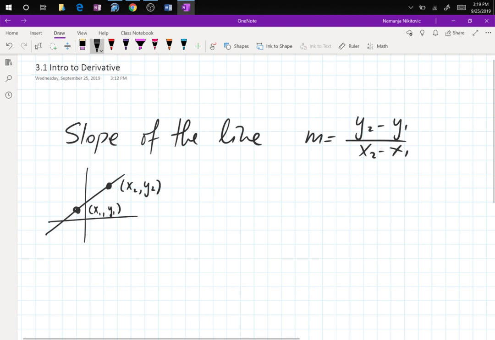Once you have calculated the slope, you can also calculate the equation of the line by using y equals mx plus b, or y minus y1 is equal to m times x minus x1, right? You can use either one of these two formulas to calculate the equation of the line.